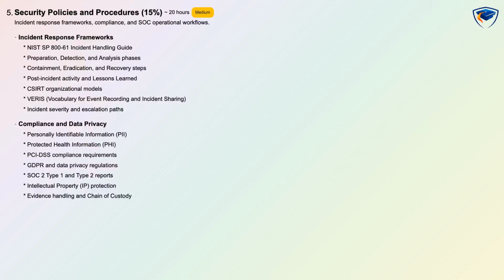The compliance and data privacy portion teaches handling of PII and PHI, PCI DSS requirements, GDPR, SOC 2 reports, intellectual property protection, evidence handling, and chain of custody practices used in operational SOCs.